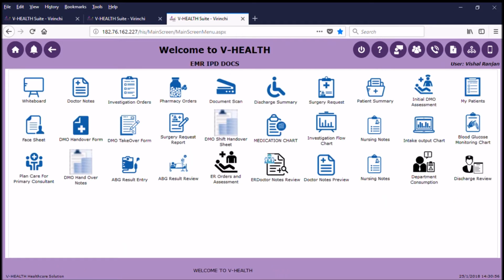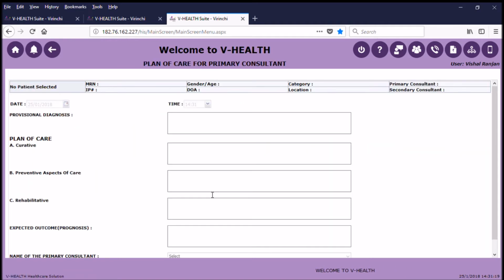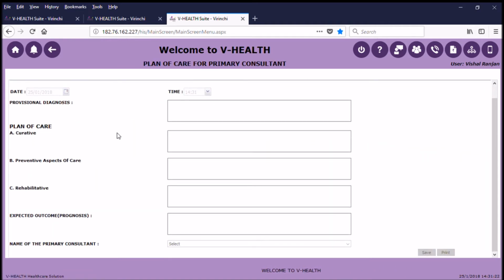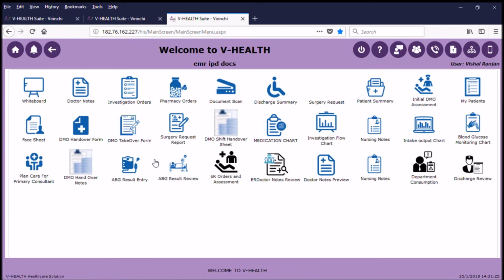The inpatient module includes the EMR for doctor notes, multiple investigations, surgery requests, nursing notes, a patient face sheet, which is possibly more like a bedhead ticket, handover forms from duty medical officers, documents for plan of the care, documents for putting the patient into a curative or a rehabilitative care plan or a patient protocol as needed, including items for emergency, ER, as well as doctor monitoring on glucose, etc.